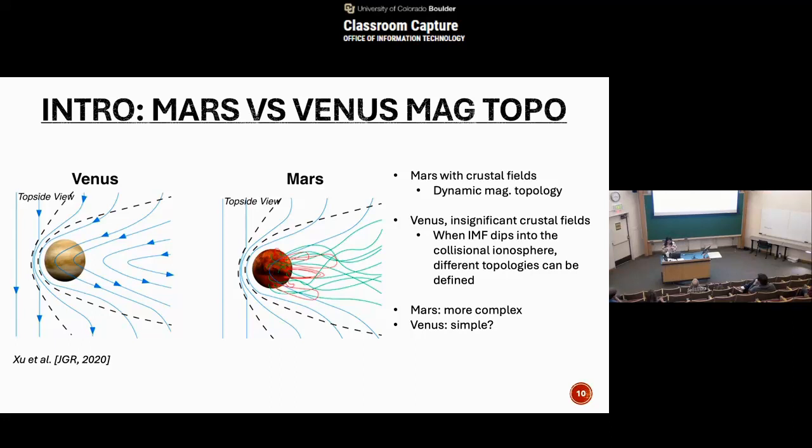the planet, if we define the topology at an altitude of, say, 200 kilometers, we can differentiate whether the magnetic field goes deep below this altitude or not. This is important because when field lines get to low altitudes, that's where the planetary ions are.